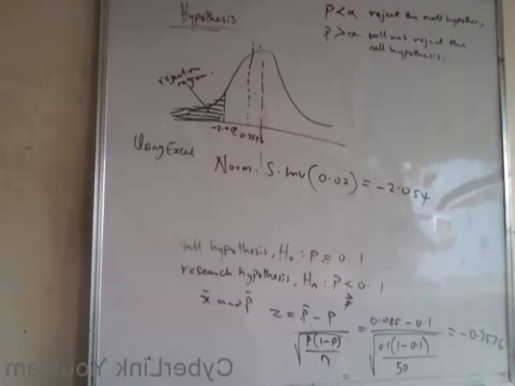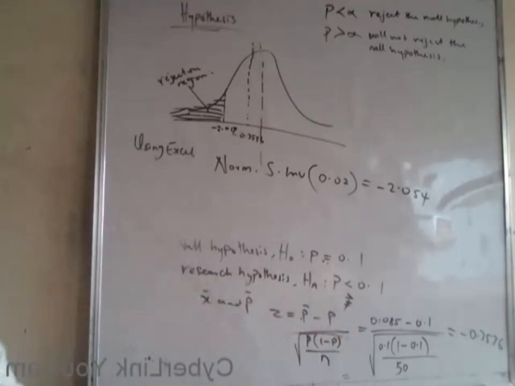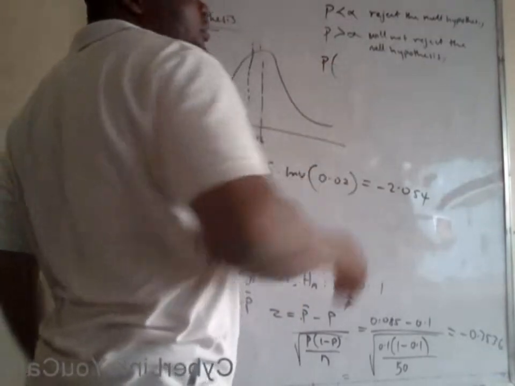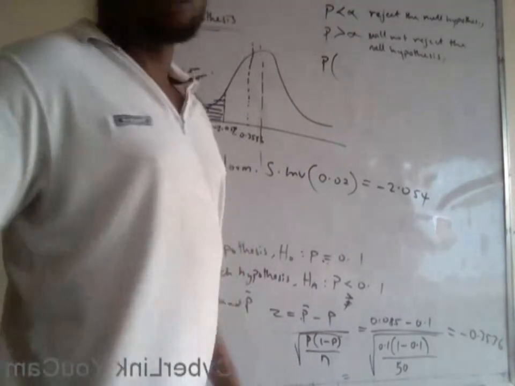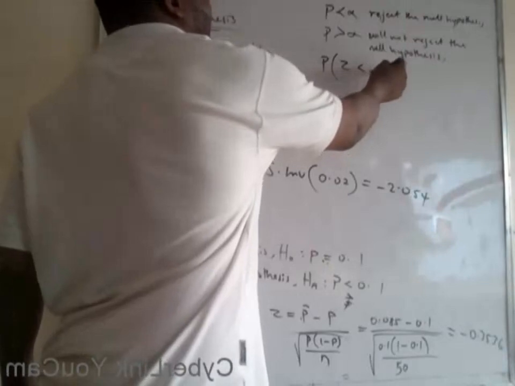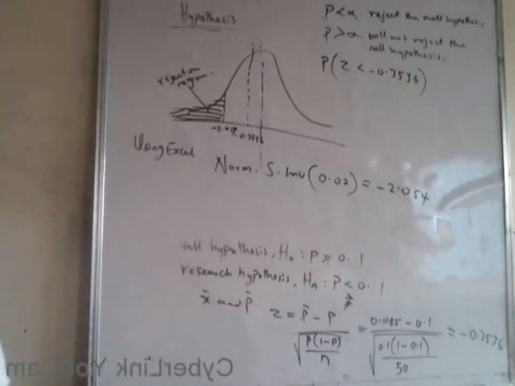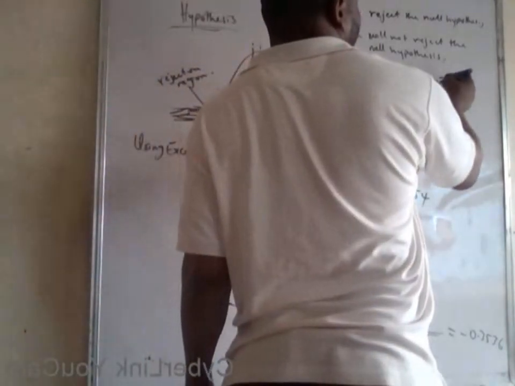All right. Now in this second method, our z-score is minus 0.3536. Our p-value is gotten from z less than minus 0.3536, which is equal to 0.3618.